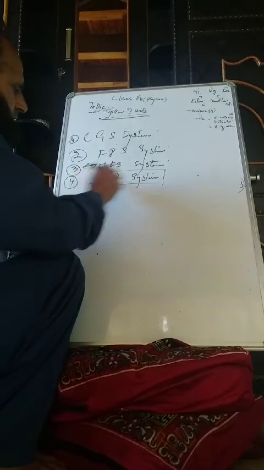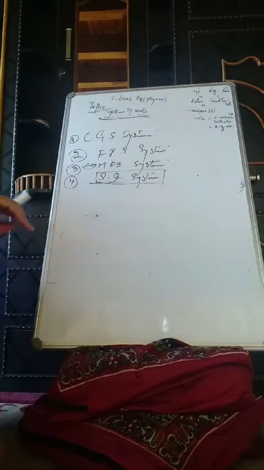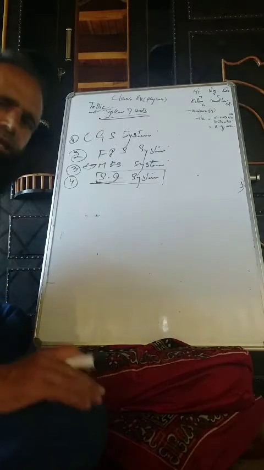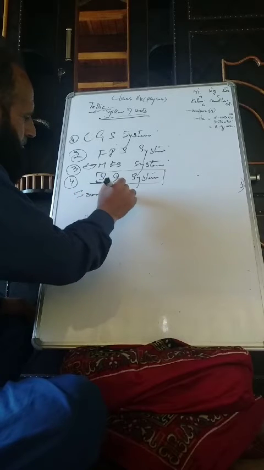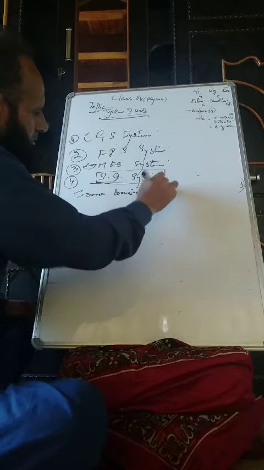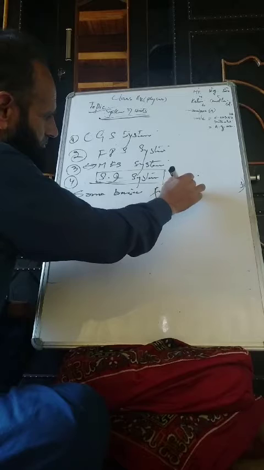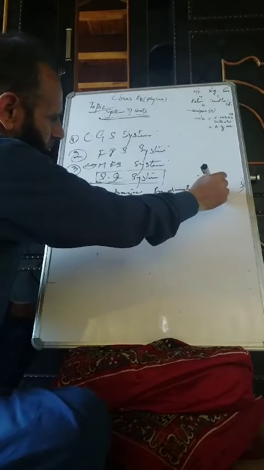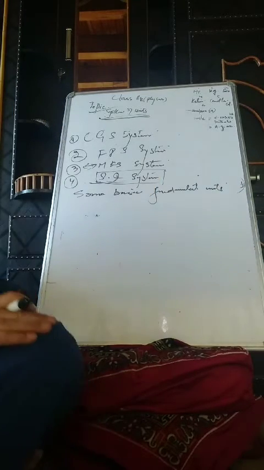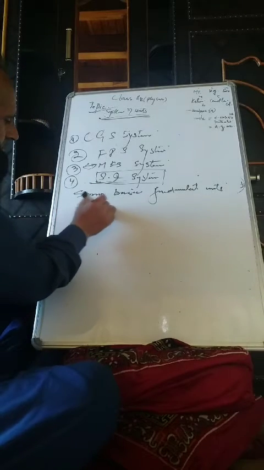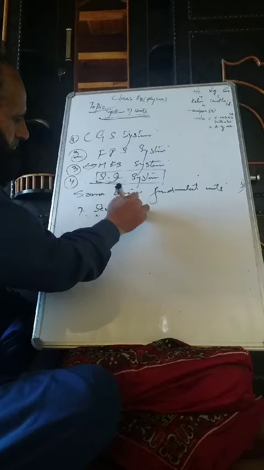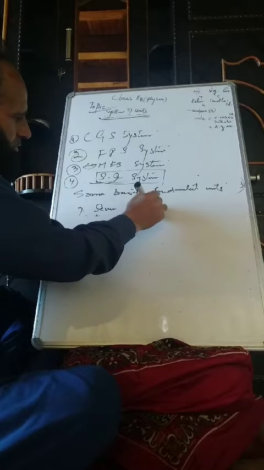In this SI system, today we will discuss some basic fundamental units. There are 7 fundamental units.